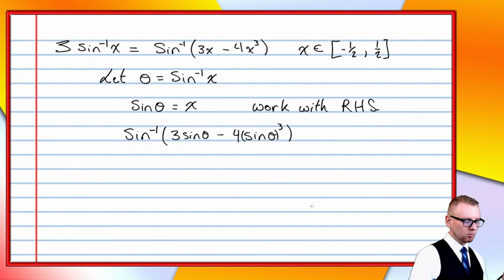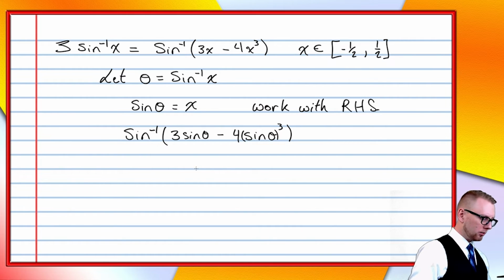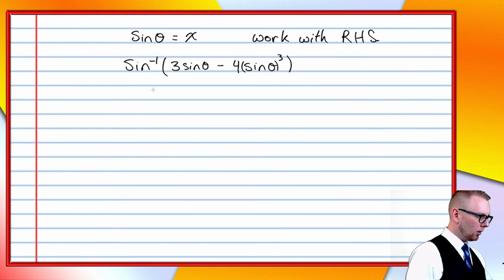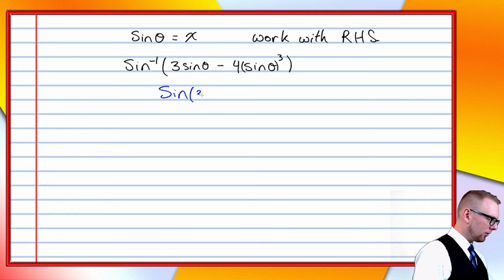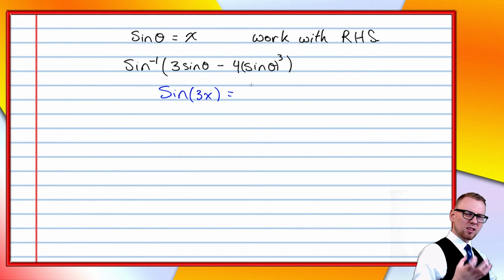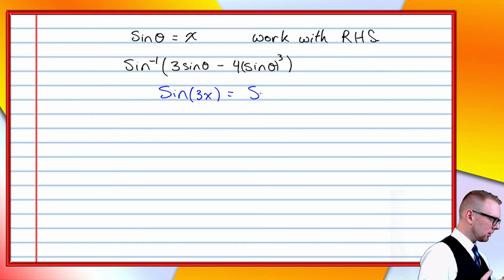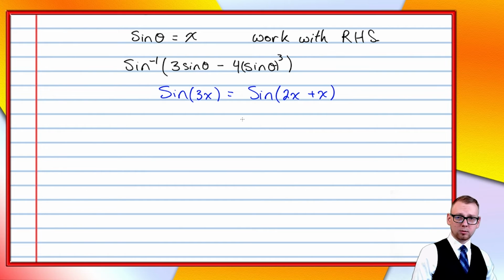I'm going to do something. Here's an interesting little note that's going to help us out. So remember that sine of 3x, well, is just like the sum of sine of 2x plus x. Okay? We can use our trig identity when it comes to the sum of two angles inside a sine.